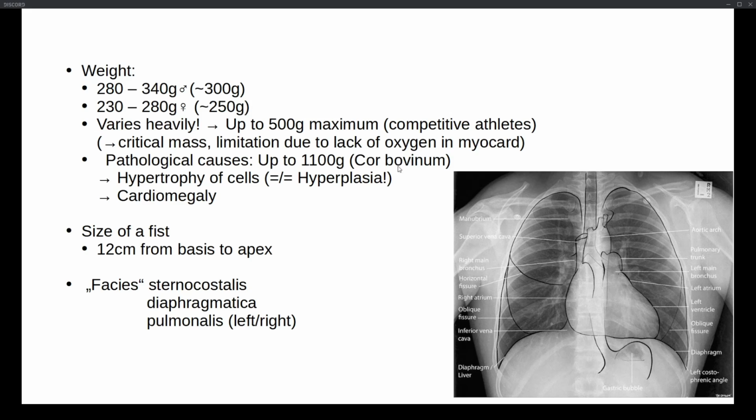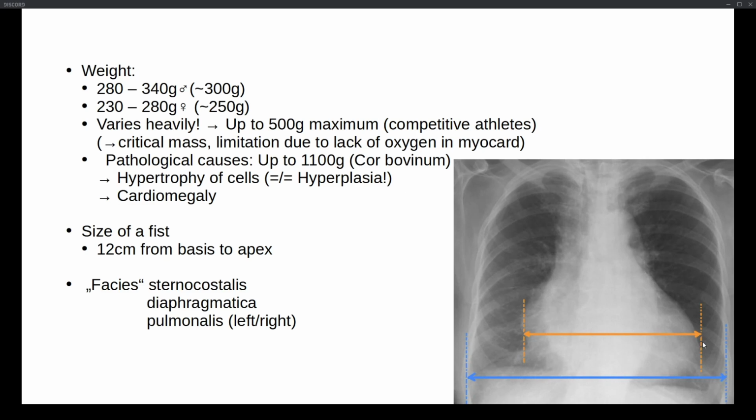For example, if your heart has to work much more to get the same amount of blood out, it tries to circumvent it by hypertrophy, but at a certain point it's just unhealthy. It can get up to 1,100 grams, a cor bovinum, which quite literally means what it looks like. This would be a clinical case of a cor bovinum.